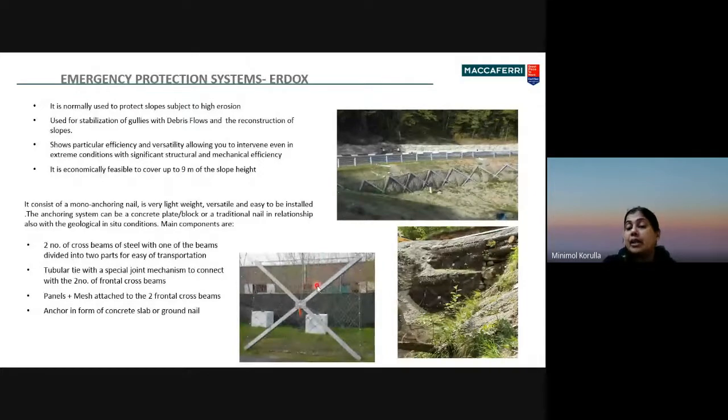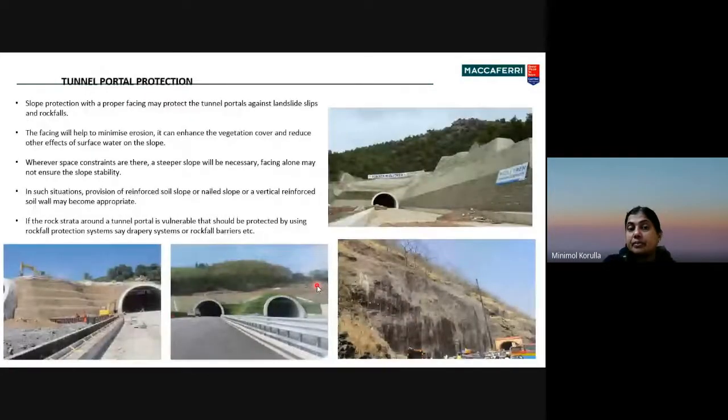the soil strata. So if you want to protect road tunnels or railway tunnels, the side face, the tunnel portal protection, there also, instead of going for a conventional system, we can go for reinforced soil systems, or we can use our umbrella systems.